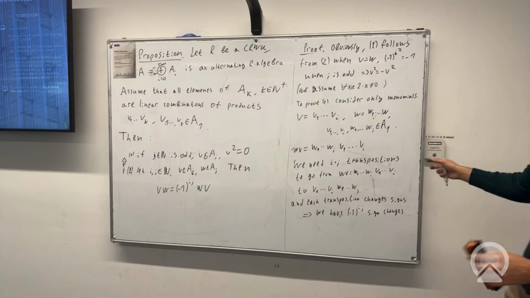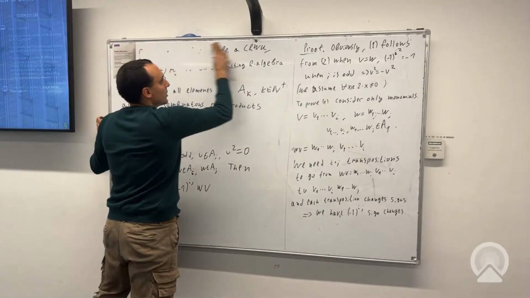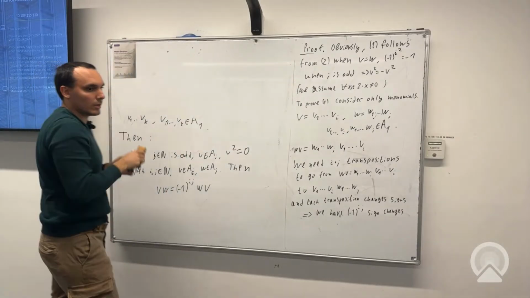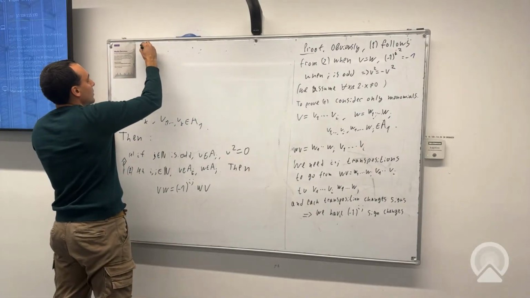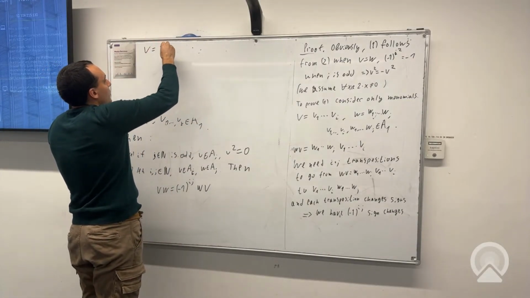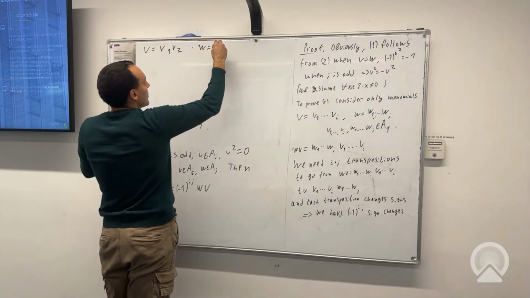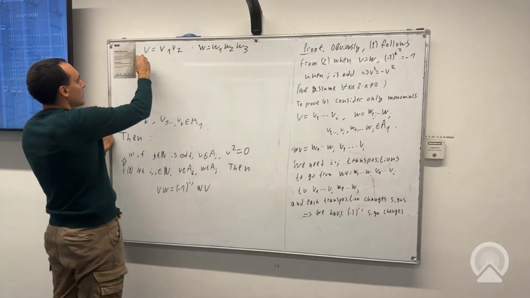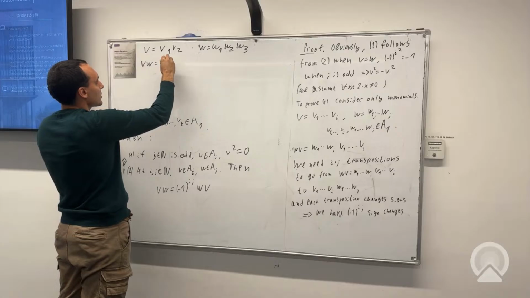Now this is a little bit abstract. Let's write a concrete example of changes and we'll finish. So let's say V is V1 times V2 and W is W1, W2, W3. Now we start with WV.